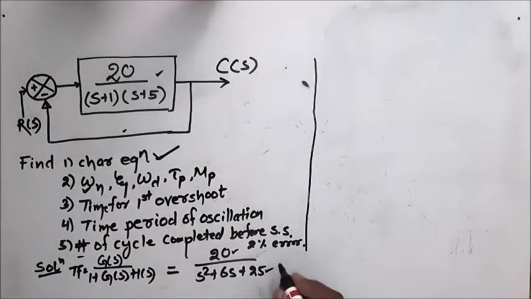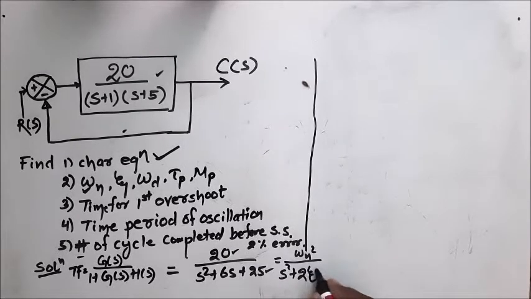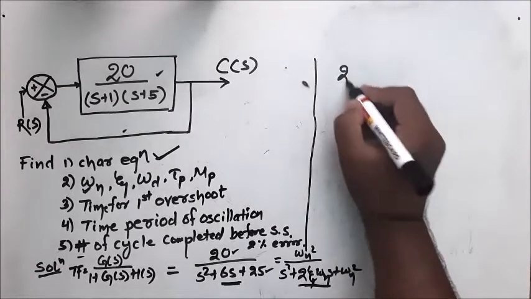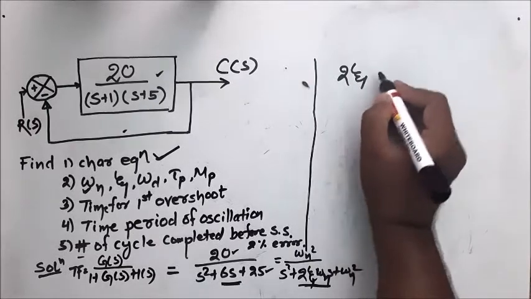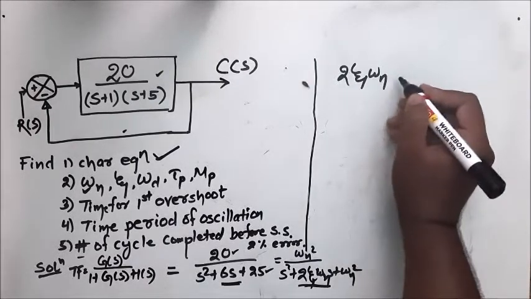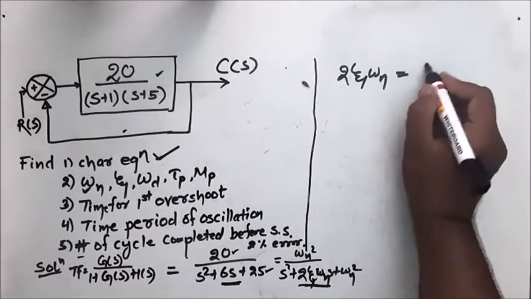The standard equation is omega n square divided by s square plus 2 zeta omega n s plus omega n square. By comparing the middle term, what I get is 2 zeta omega n is equal to 6.